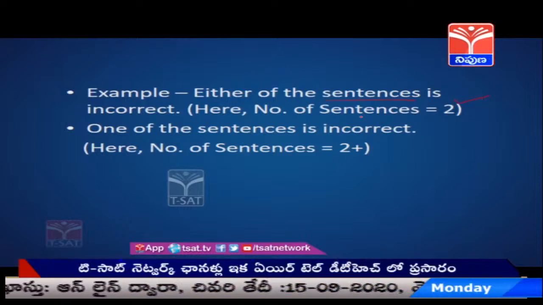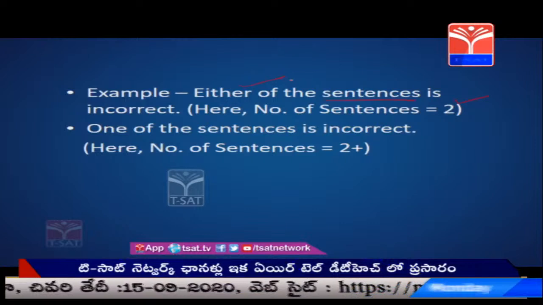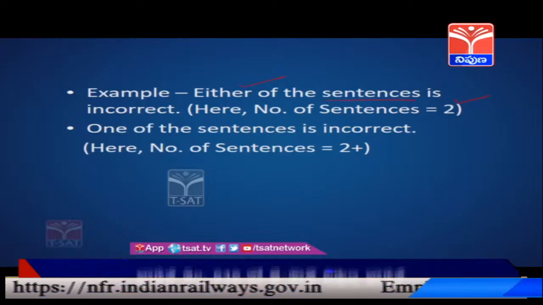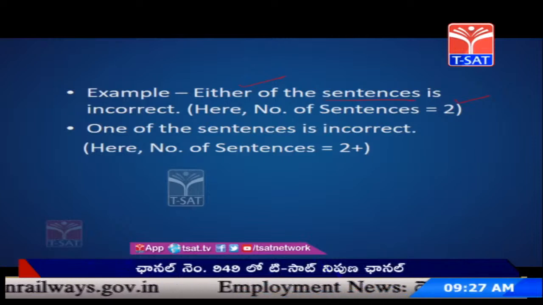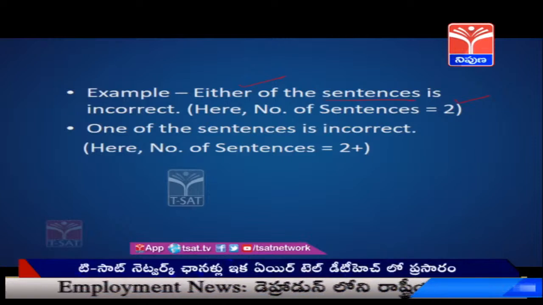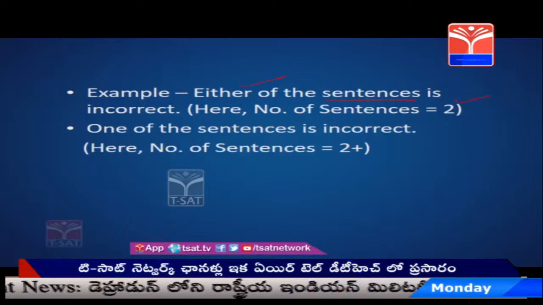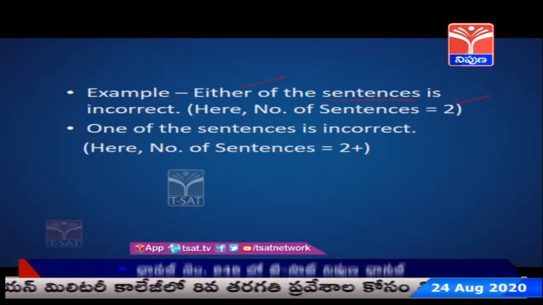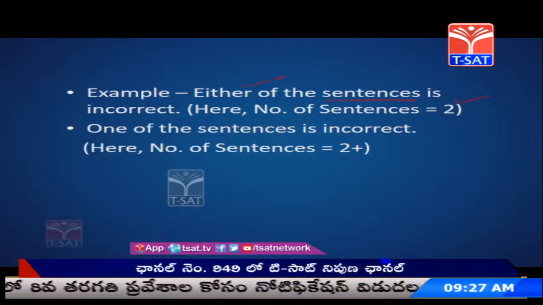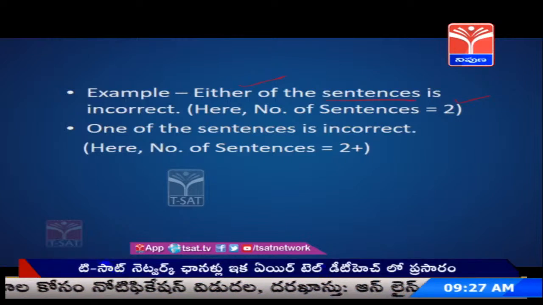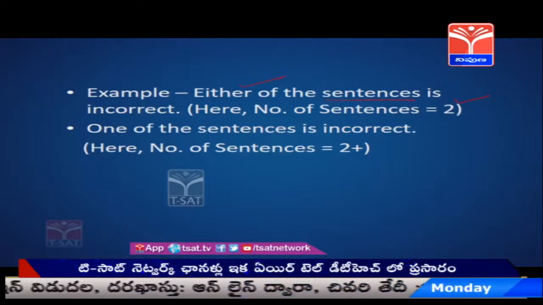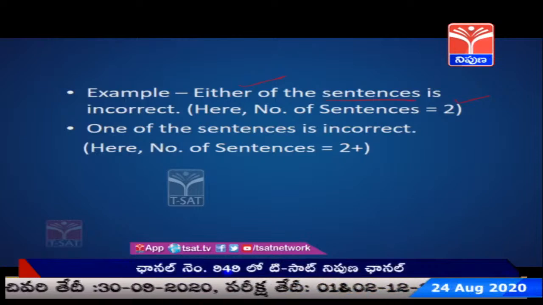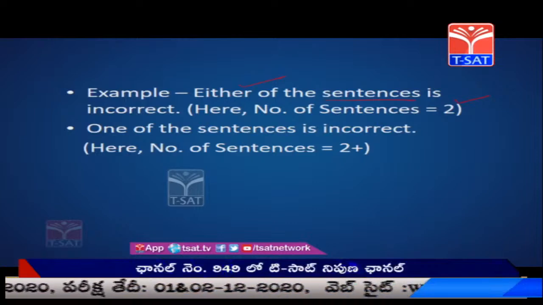Out of two sentences, either, that means one of the sentences is incorrect. Either of the sentences is incorrect. It can be one sentence, it can be two. Out of two sentences, either of the sentences is incorrect.